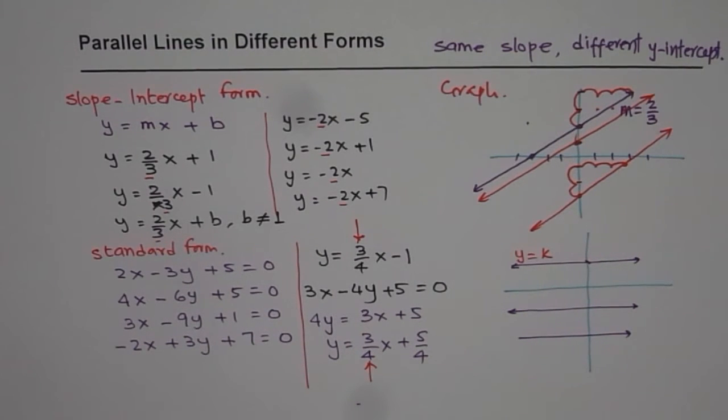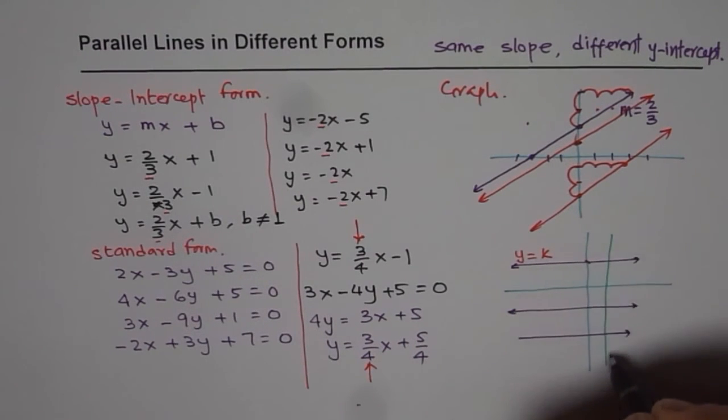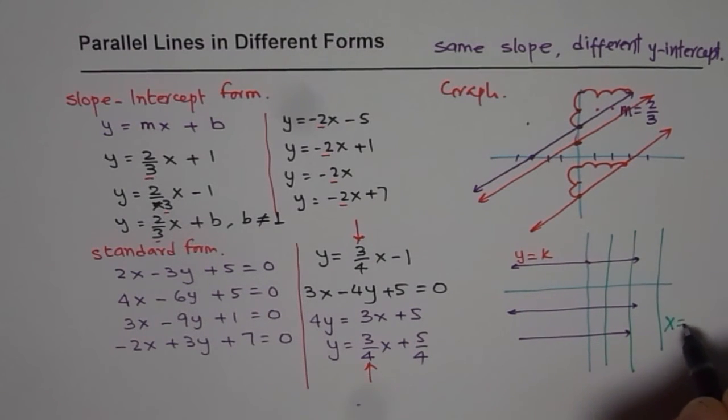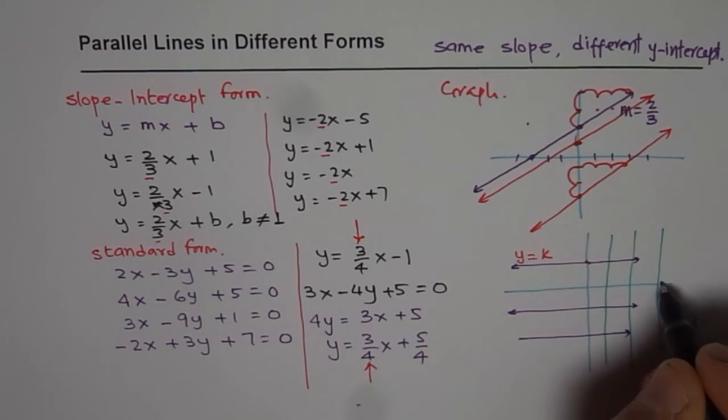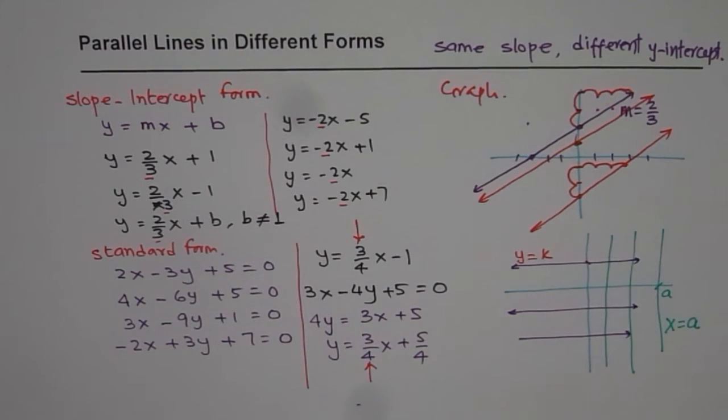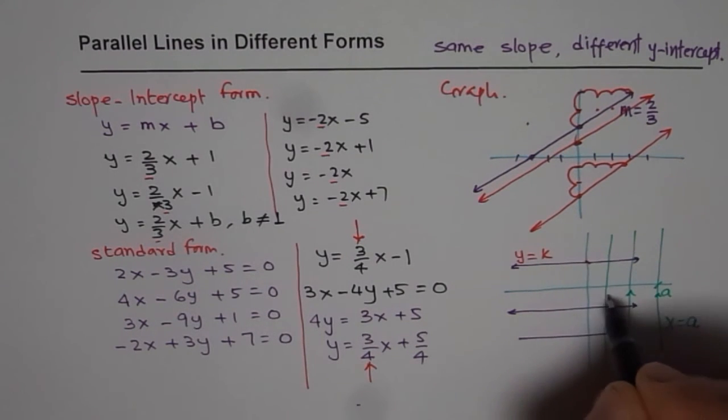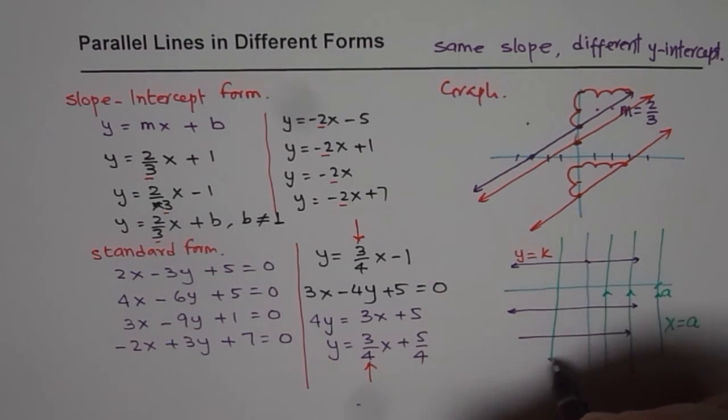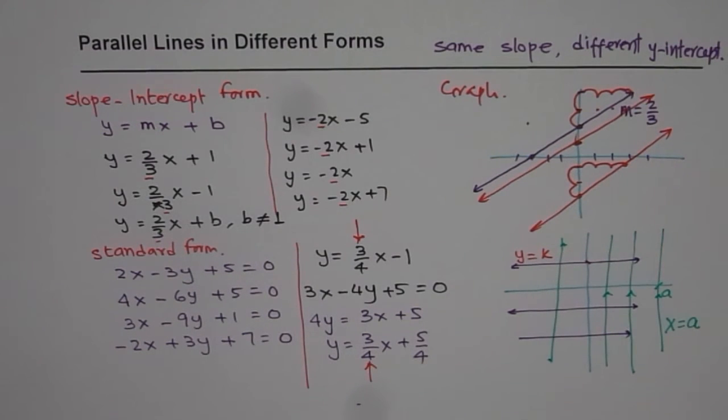Similarly, if you have vertical lines, equation of vertical lines is what? Is x equals, let us say a, where a is x-intercept. So all vertical lines are parallel, right? So that is how you can draw and write equation for parallel lines.